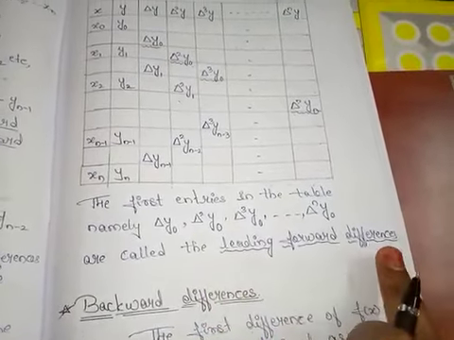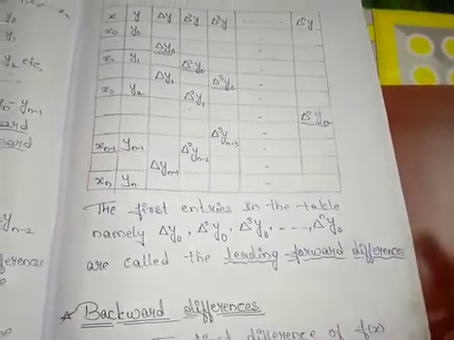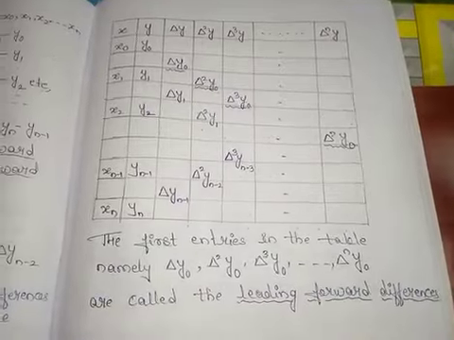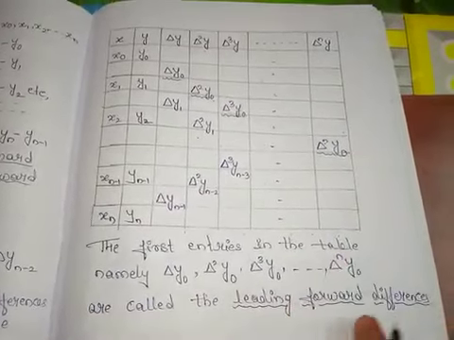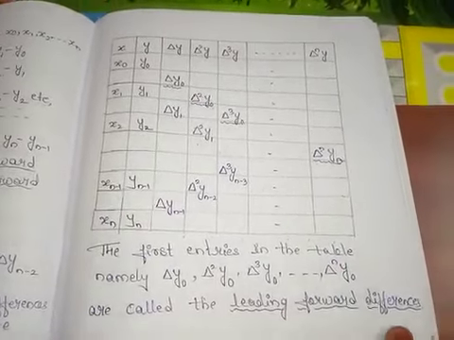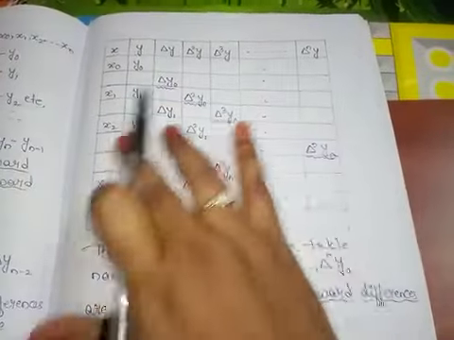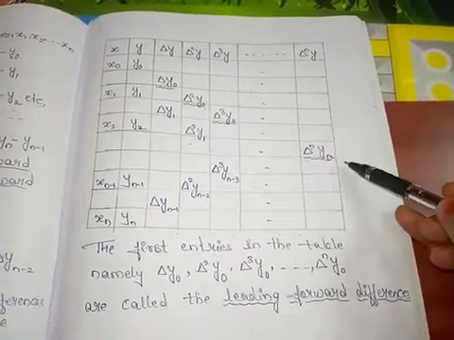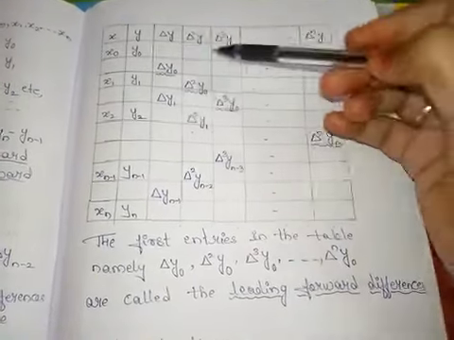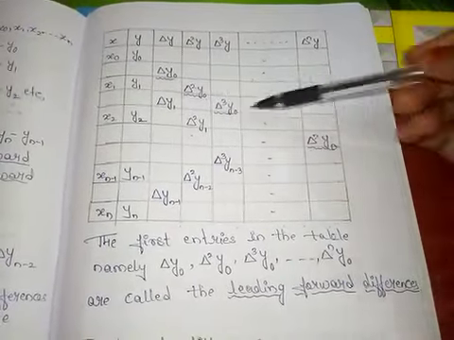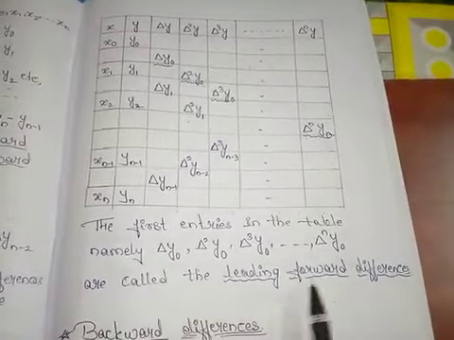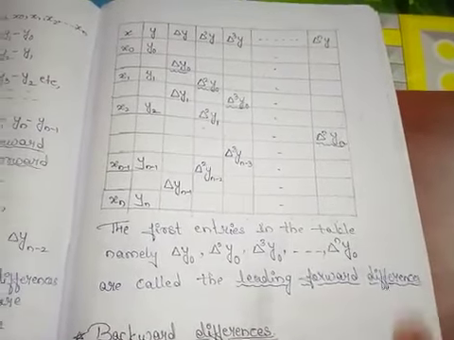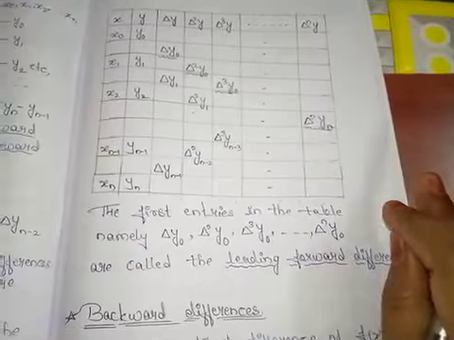Leading forward differences. Sometimes we have examples to find the leading forward differences. To find them, we first have to find this tabular arrangement, the forward difference table. Then the first entries in the difference columns give us the leading forward differences. This is about forward differences.